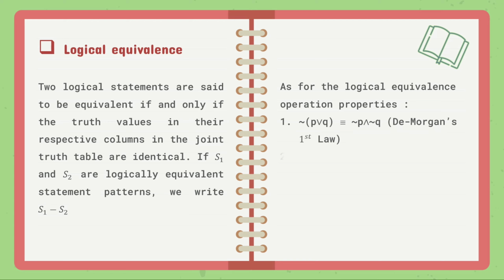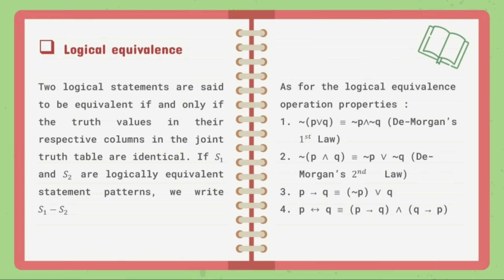As for the logical equivalence operation properties, first, negation of P disjunction Q is equivalent to negation P and negation Q. This is De Morgan's first law. Second, negation of P conjunction Q is equivalent to negation P or negation Q. This is De Morgan's second law.